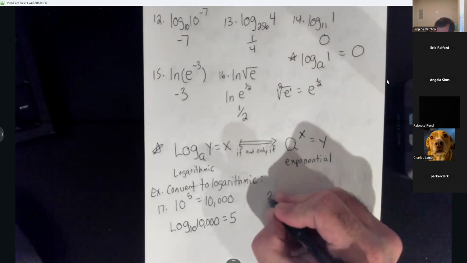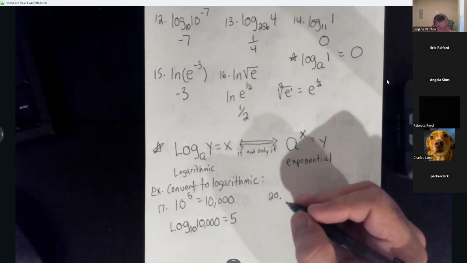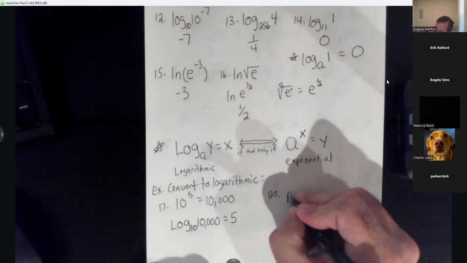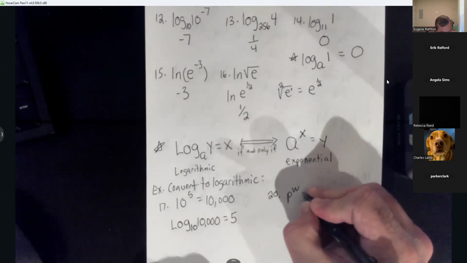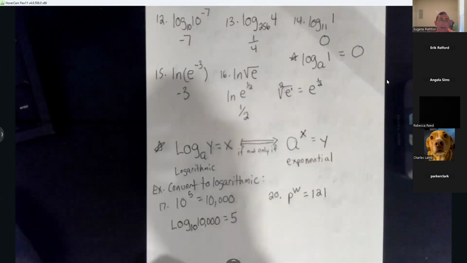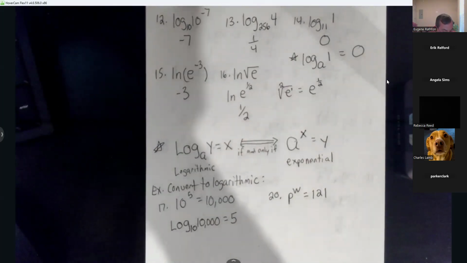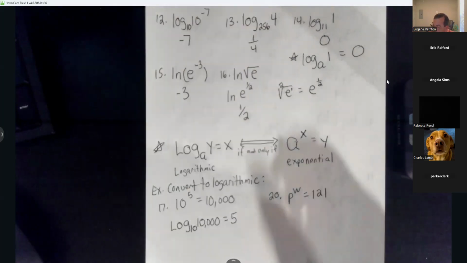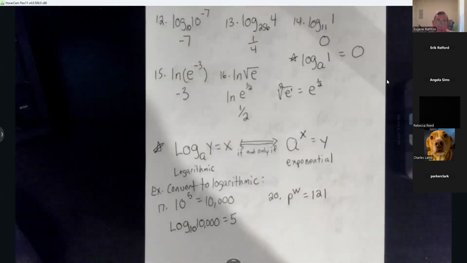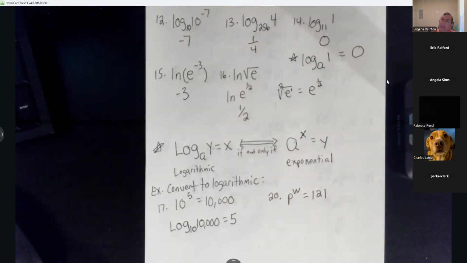All right, let me do one like number 20. Number 20, they're being a little tricky with. They got t to the w equals 121. Now, y'all, here's the thing with MyMathLab. These are lowercase letters, but in MyMathLab, if they use lowercase letters, you better write the answer with lowercase. And if they use uppercase or capital letters, then you got to use those, okay?